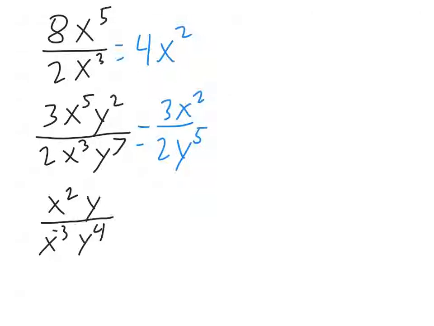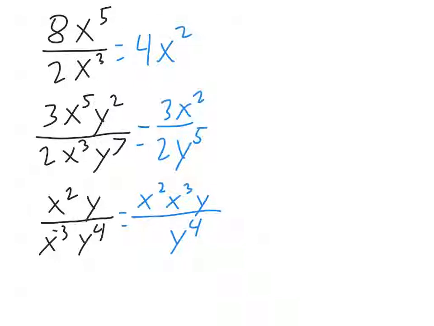So before we do anything, we want to take that and we want to rewrite this equation. So now we're going to have x squared times x cubed y divided by y to the fourth. See what we did there? We just took this x to the negative 3, we brought it up, and got rid of the negative. So that's the first step.